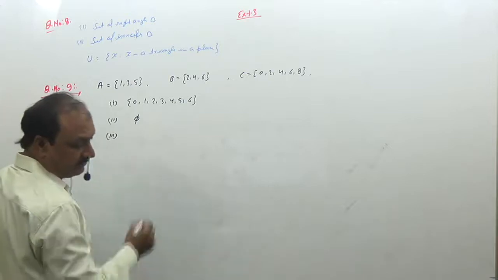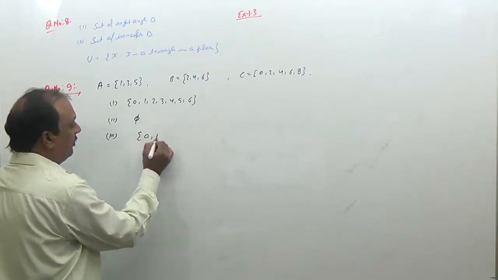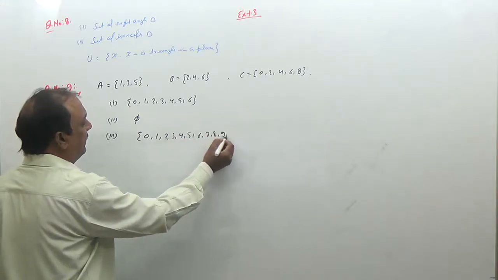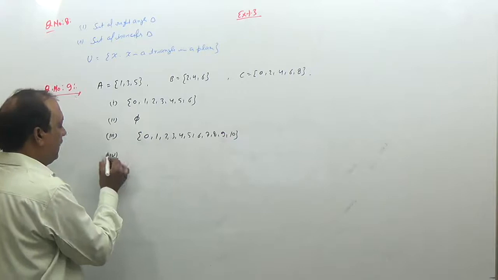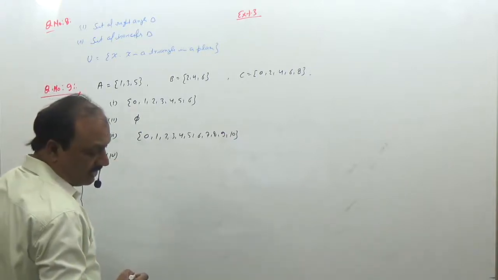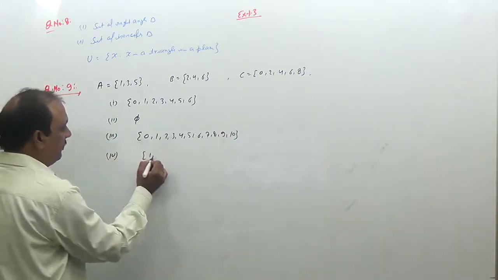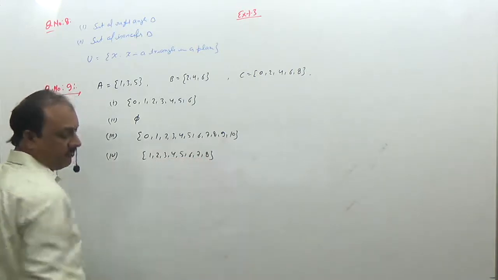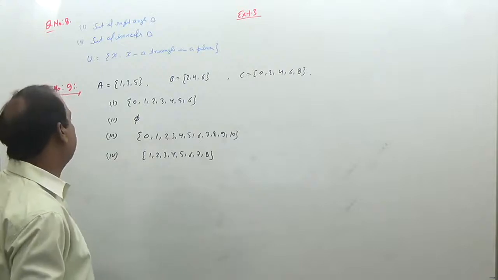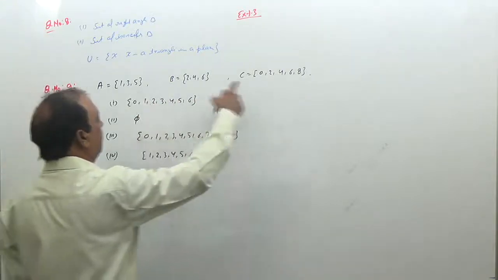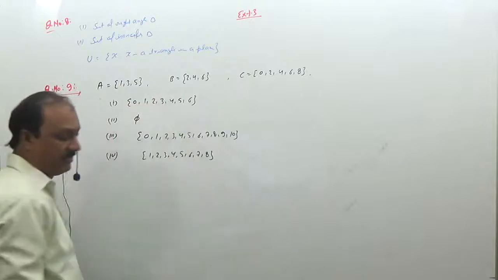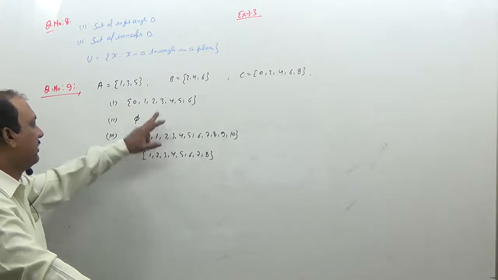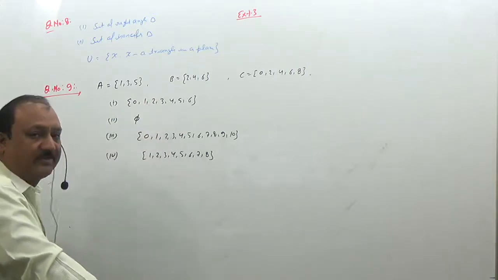Third set is 0, 1, 2, 3, 4, 5, 6, 7, 8, 9 and 10. And fourth set contains the elements 1, 2, 3, 4, 5, 6, 7, 8. So these are the four given sets, and A, B, C are the three sets. Find out which one of them is the universal set of set A, set B and set C.